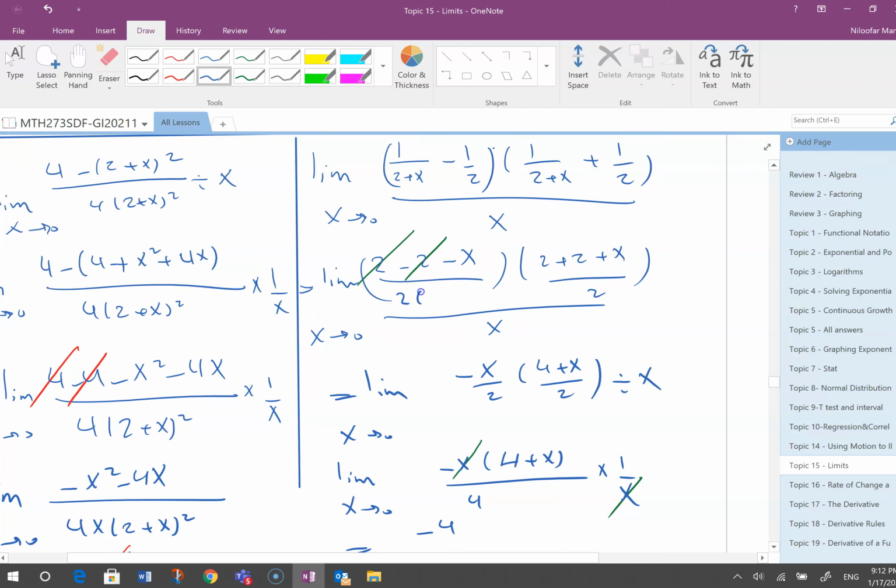Okay, so here is 2 times (2 plus x), and here is 2 times (2 plus x). Yes, common denominator.